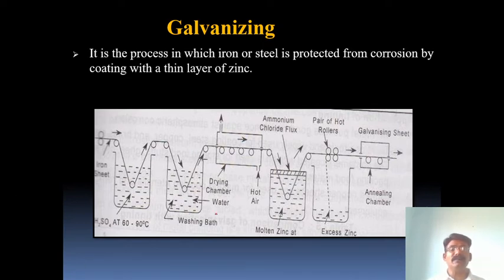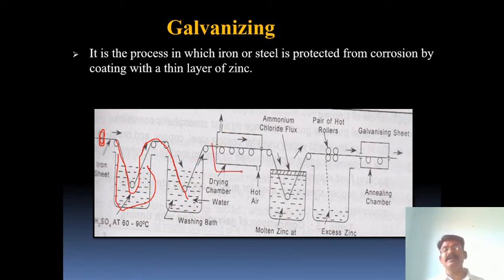This is the tank filled with sulfuric acid, and the iron sheet coming from the rolls is dipped in the sulfuric acid solution, and then comes towards the washing bath and water. Then we have to dry it.